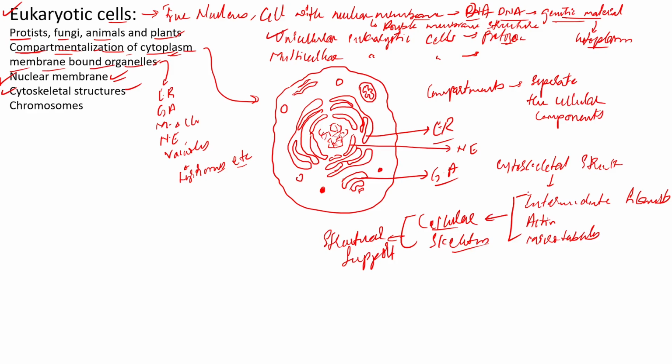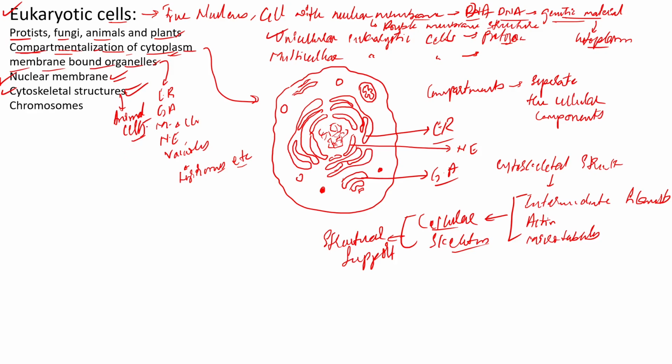The function of these cytoskeletal structures is much clearer in animal cells, because in animal cells you do not find any rigid structure such as the cell wall. In plant cells, the cell wall gives shape and mechanical support to the cell.